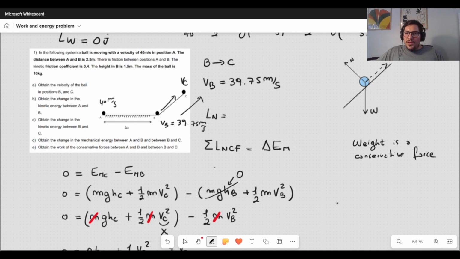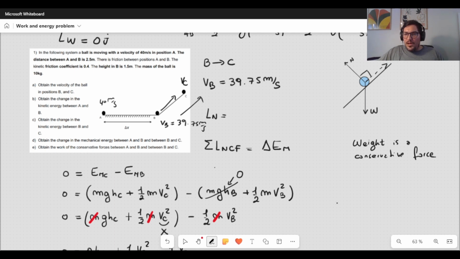The ball has velocity, so due to inertia it keeps on moving. The forces acting on it are the weight downwards and the normal force perpendicular to the surface. Remember that weight is a conservative force, and the direction of motion is parallel and upwards to the surface.